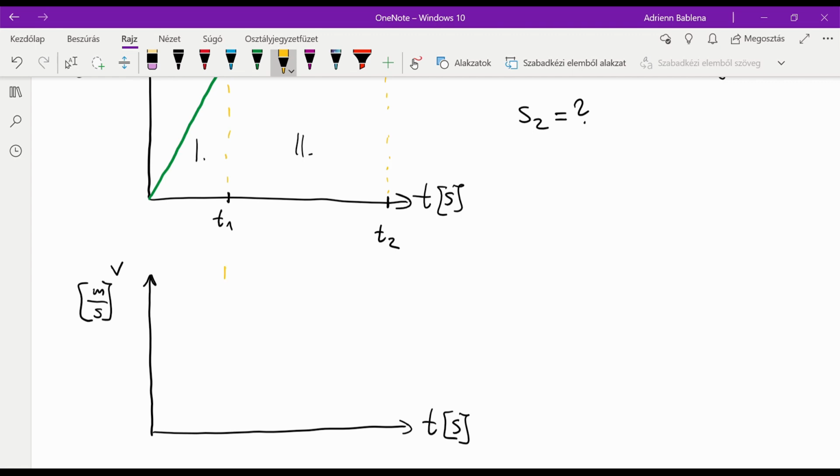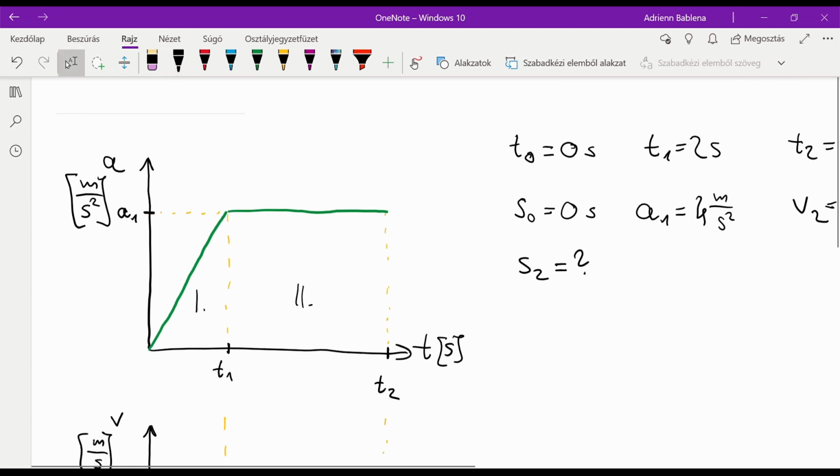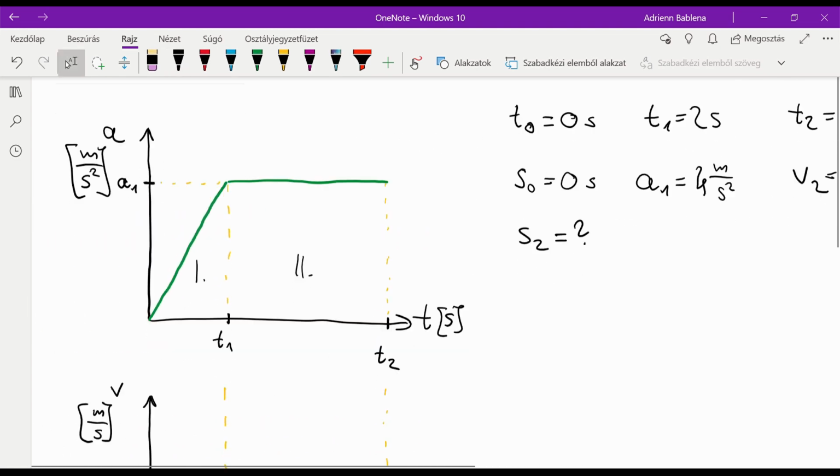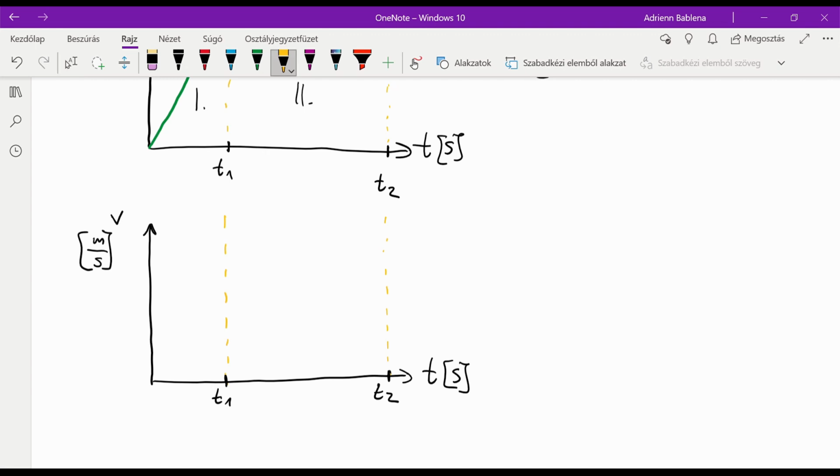We know t1 and t2. We know V2, for example, here. So we know the velocity parameter at t2.